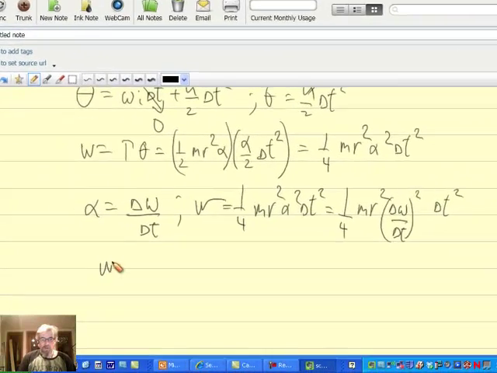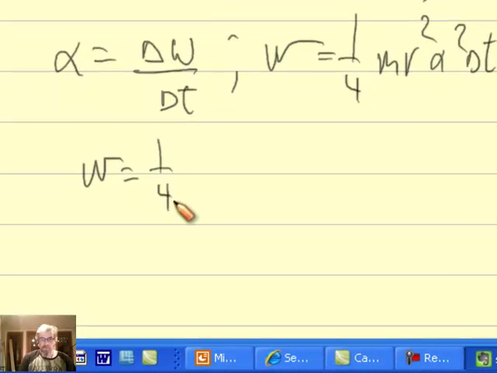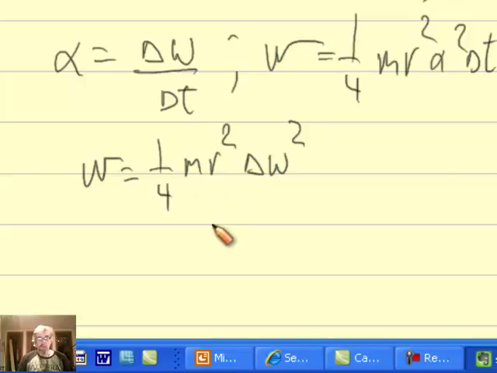So you could say that work is equal to 1/4 mr squared delta omega squared, and the delta t's have canceled out. So here's our equation that will allow us to calculate what work is.